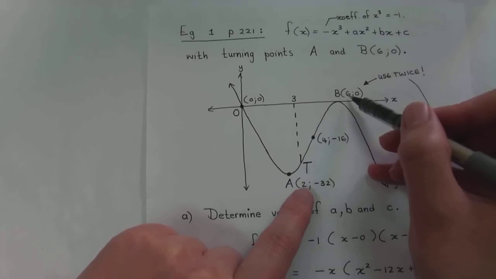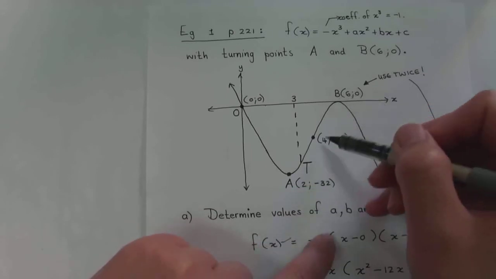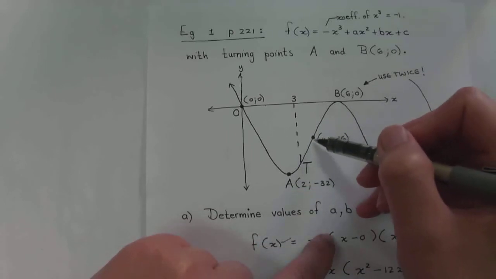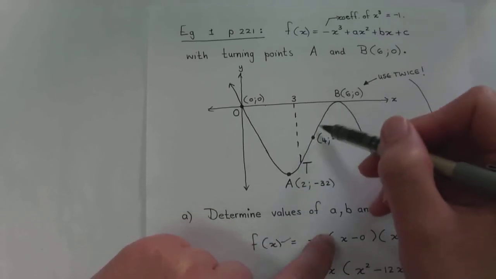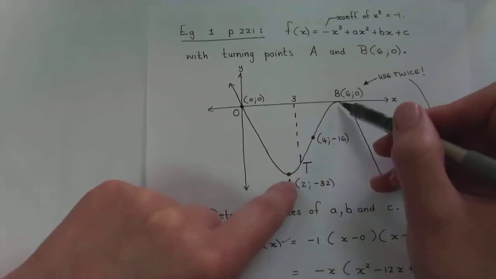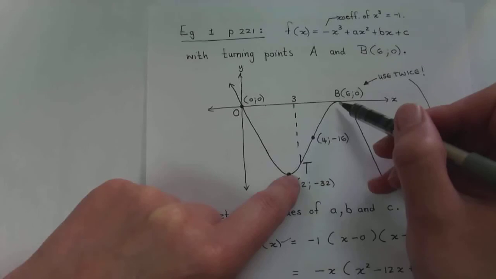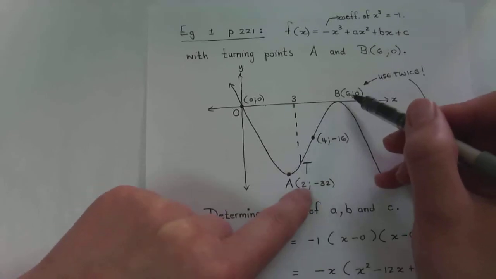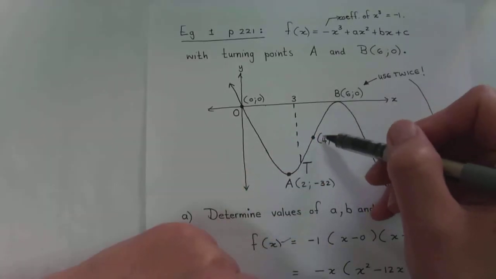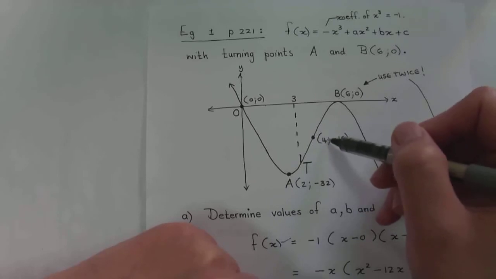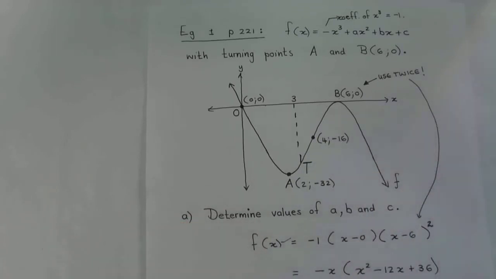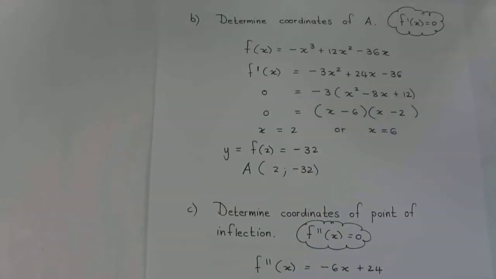So you'll see if I had to go and add 2 and 6, it gives me 8. And 8 divided by 2 is 4. So I know for a fact I've done this correctly. This, people, there's a symmetry always between the two turning points. And that symmetry, meaning if you go halfway between the two x-coordinates here, will then always get you to the point of inflection. So again, I know I'm doing all of this correctly.